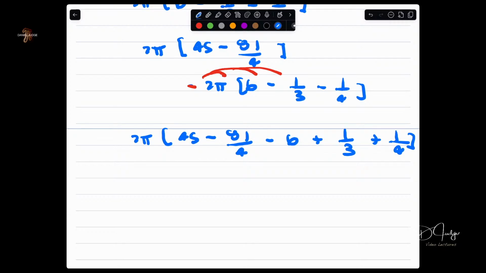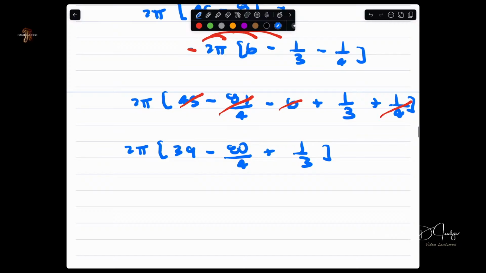This makes my arithmetic a bit easier. 45 minus 6, looks like that's 39. And then it's going to be minus 80/4, because I'm going to combine these two whole numbers and combine these fractions. Then don't forget, we're going to add that 1/3. However, this becomes 20, I believe. So it looks like we get 2 pi, 19 plus 1/3.